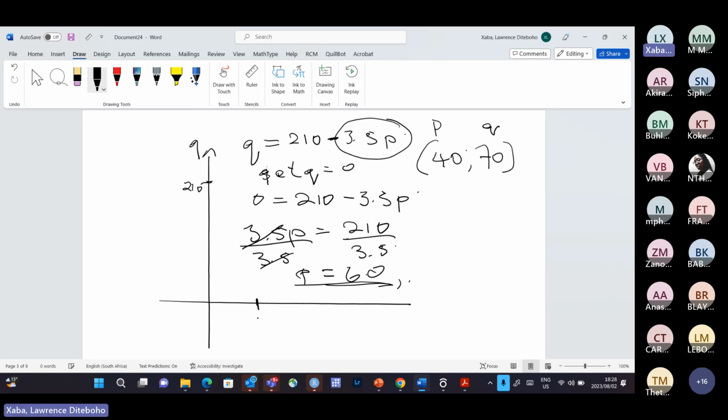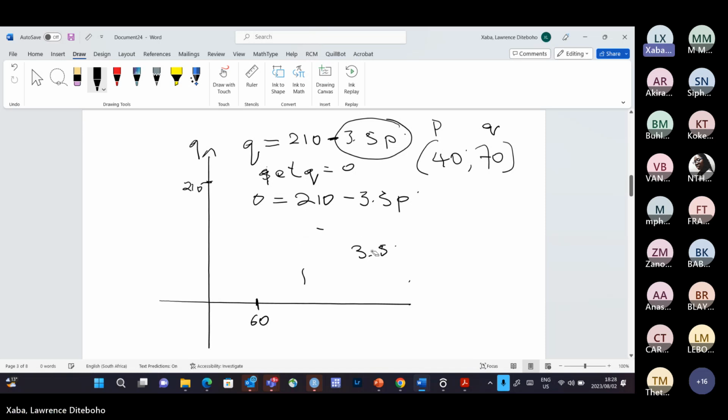Let's put our 60 somewhere here. So now we have two values that represent Q and P from the demand function.